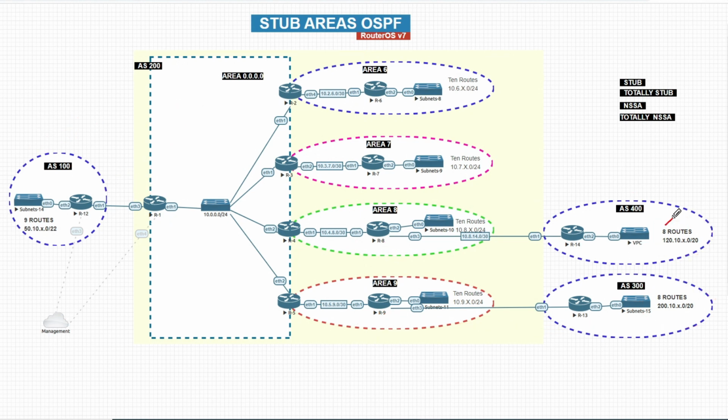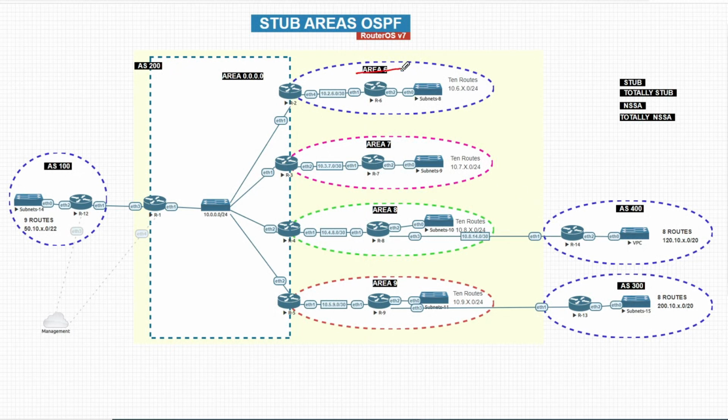So we have 8 plus 8 plus 9 external routes coming from 3 different external routing domains. If I go to any of those devices, I will see all those routes. I will see some intra routes, some inter routes, and additionally some external routes.